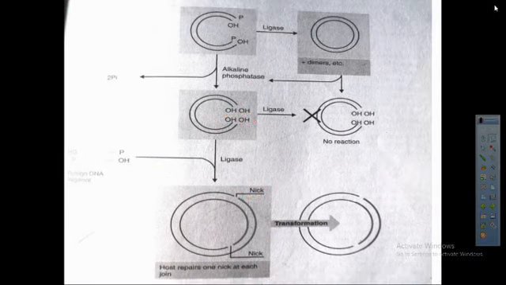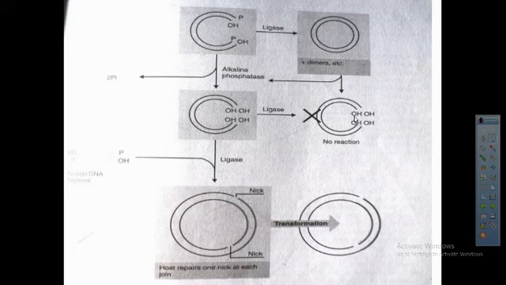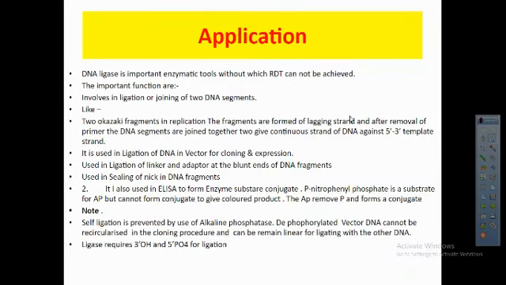So all these problems occur during the ligation process: the deficiency of efficient ligation, then recircularization, then the blunt end ligations. All these can be treated as problems, and there you can increase the concentration of the enzymes, or you can use enhancers.